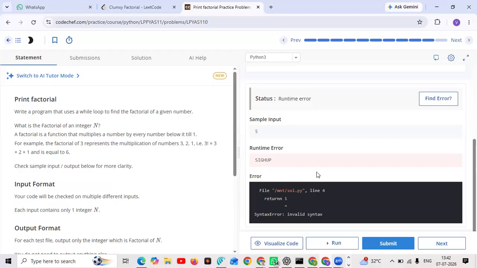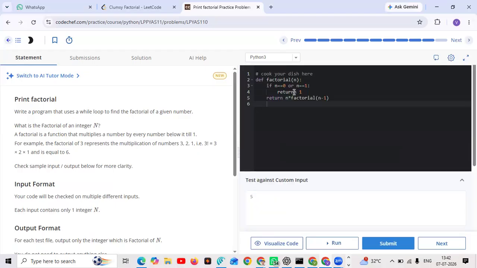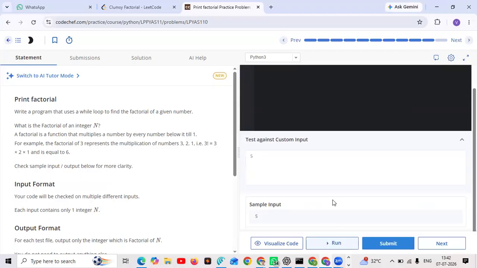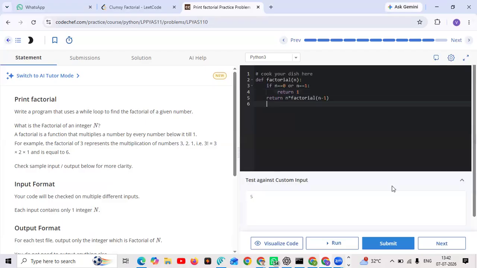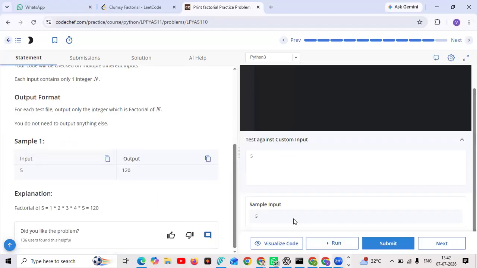We got an error at line 4: invalid syntax. Now let's check the sample input.